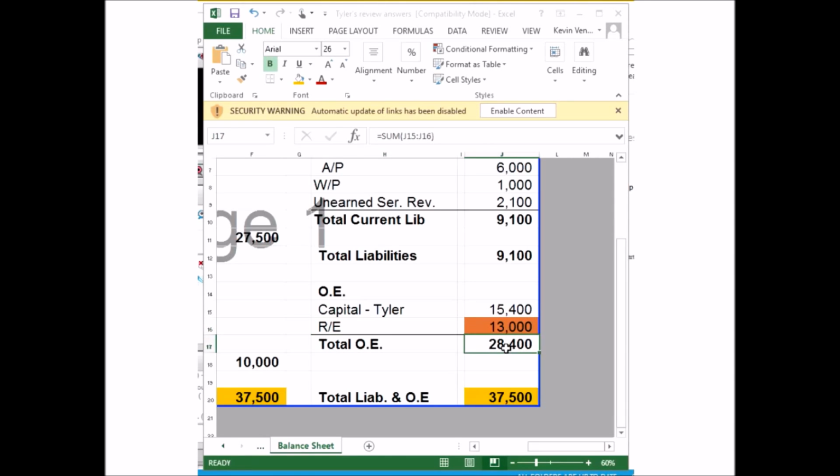And then I'm going to have total owner's equity. When I add up my owner's equity plus my liabilities, I get 37.5. So if we go back to the original accounting equation that we just started out with at the beginning of this lesson, assets must equal total liabilities plus owner's equity. And you see that they do. So that's our check to see if we got it right.